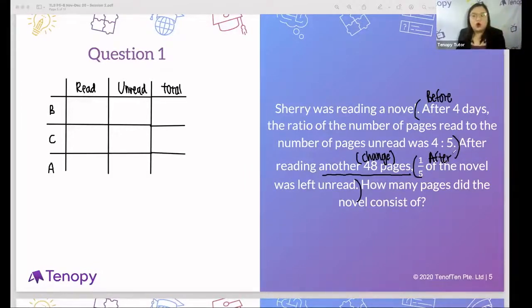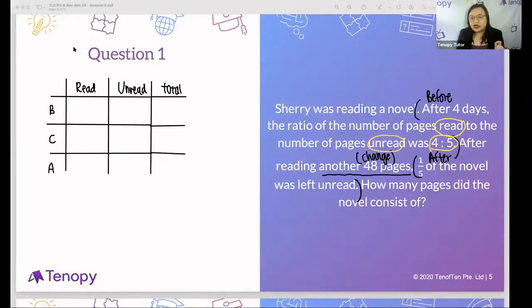So let's look at the before. What should I put under read and unread? So if you read the question, the statement itself, they say after 4 days, the ratio of the pages, okay, keyword, read to the pages unread was 4:5. So this tells me that under my read, I should put what a bit value.